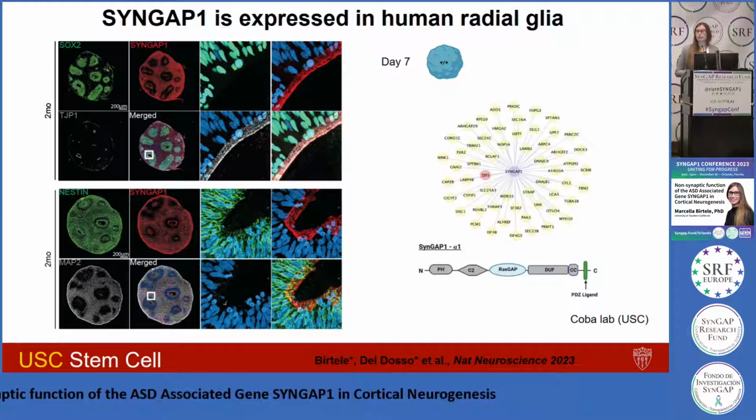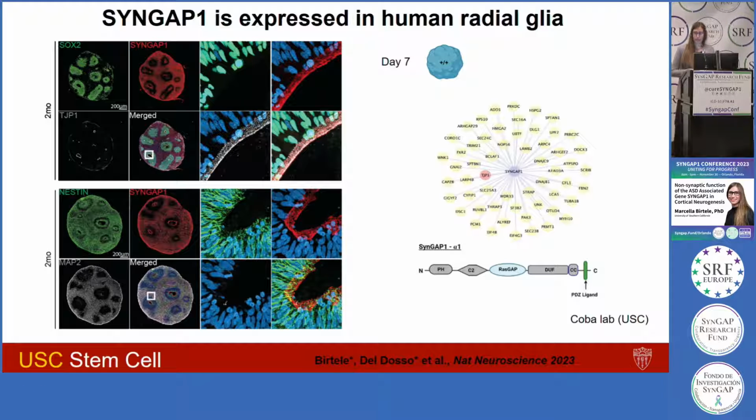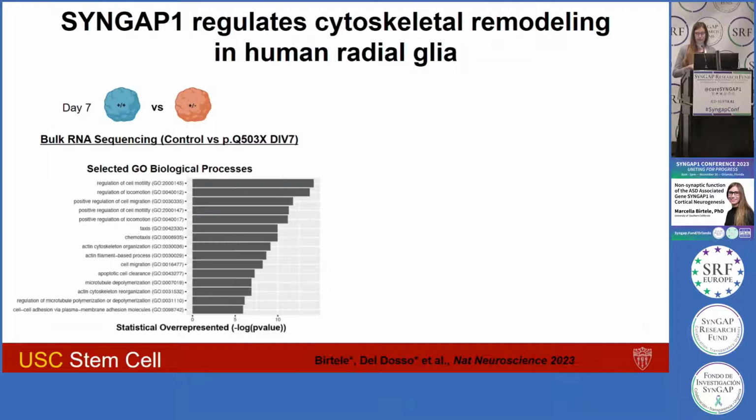And we also saw that among the interactors of SYNGAP, we could find TJP1, which is a tight junction protein that you can also see here in white in the stainings. That is really important for the maintenance of the ventricular wall. We also looked at the isoform present in the radial glia cells, and we found that the alpha-1 SYNGAP isoform was present in the radial glia cells.